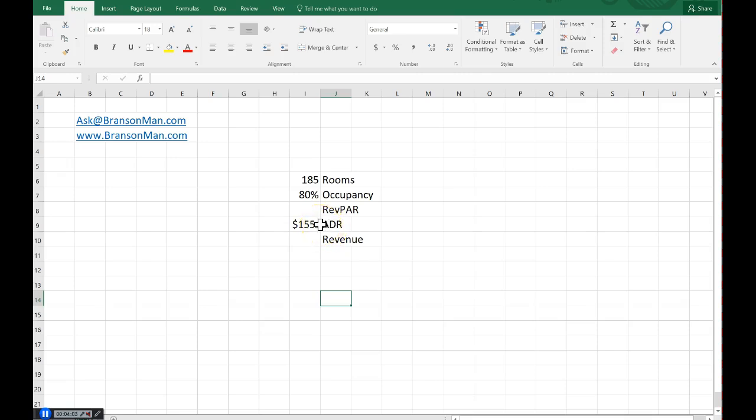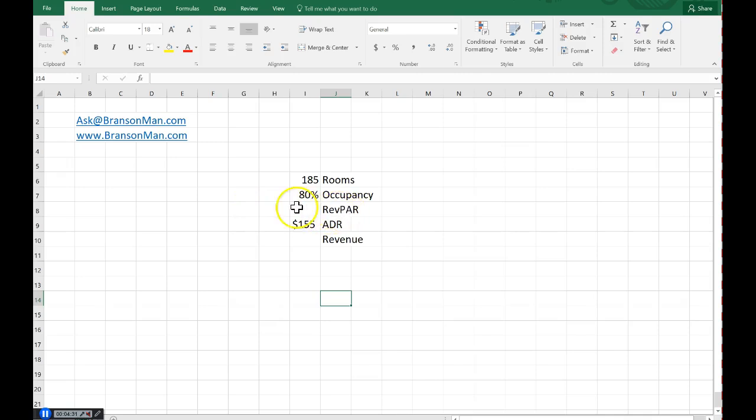That means likely half of the rooms were more expensive than 155, half were less expensive. Someone was asking me, I don't understand how you can have multiple different prices for a room on the same day. How can it be the average daily rate? Half of them could have been 165, half of them could have been 145. Let's say the rate on your website, if they call, and on Expedia or Booking.com is 165.